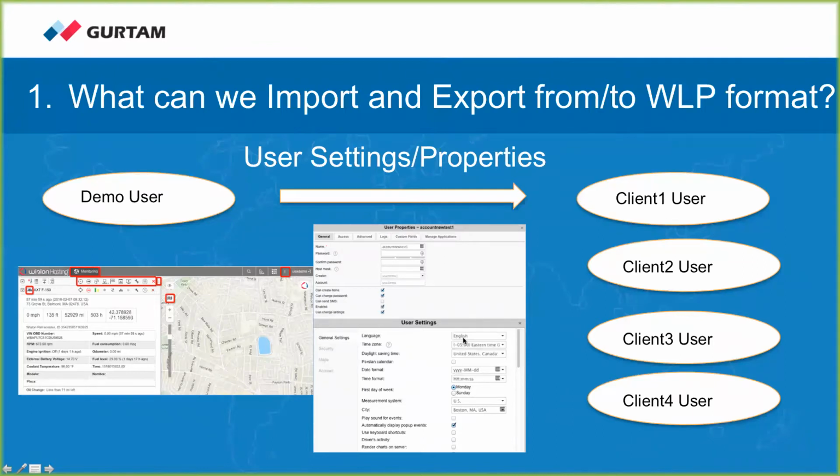But besides these user settings, you can also copy user properties. With user properties, you can copy some general rights that are located in the general tab, like the ability to create items, unit groups, units, and users, then custom fields.